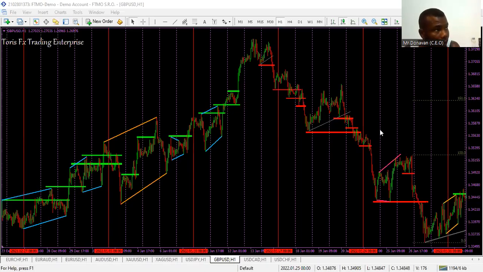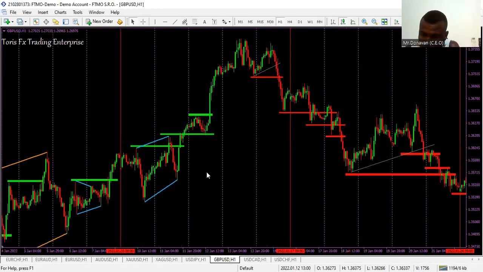All right, so we are back again. Actually, trend lines would have helped in this very analysis, but it's not taken into consideration. So there is this sell setup.